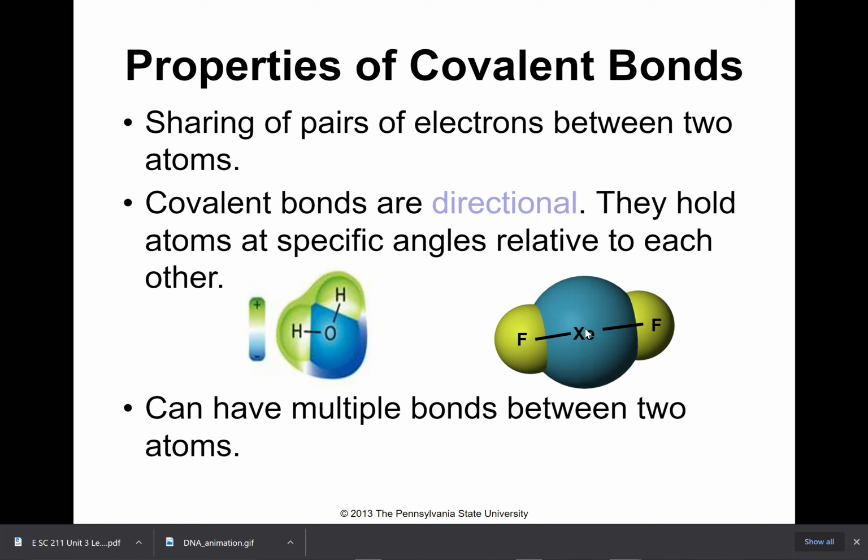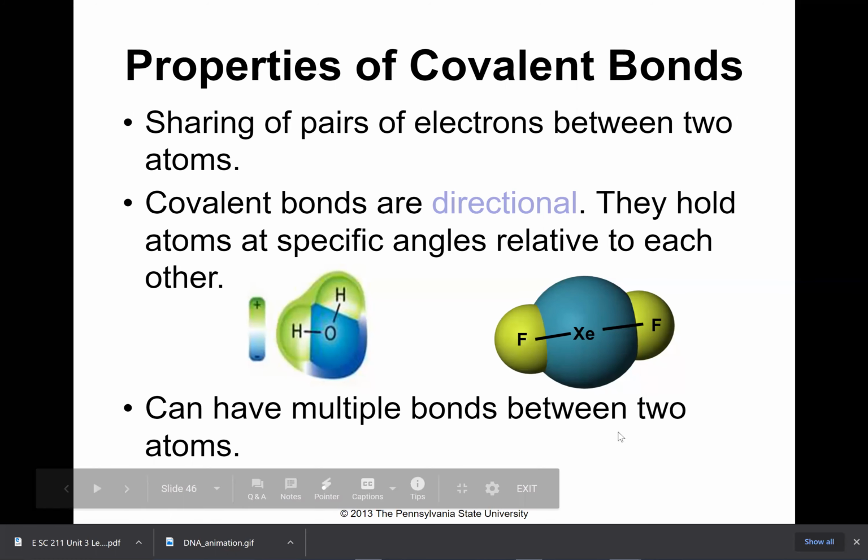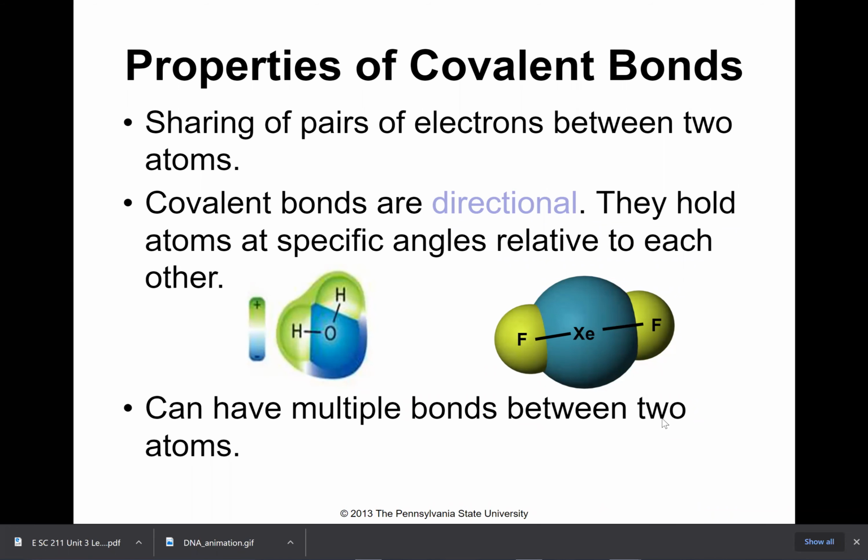But for xenon difluoride, the 2 fluorines are indeed right across from each other. So they have different shapes. H2O is always going to be in this angled shape, and xenon difluoride is always going to be in this straight shape. And for covalent bonds, you can also have multiple bonds between 2 atoms, which I won't really go into.